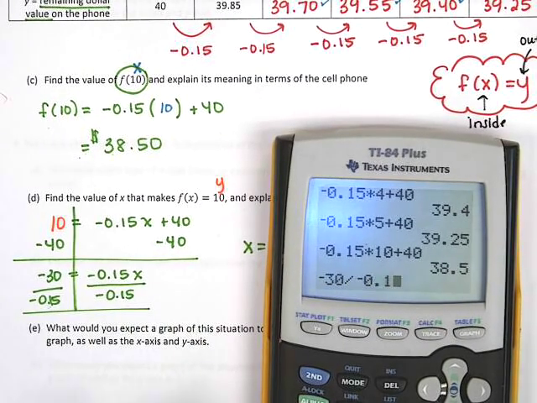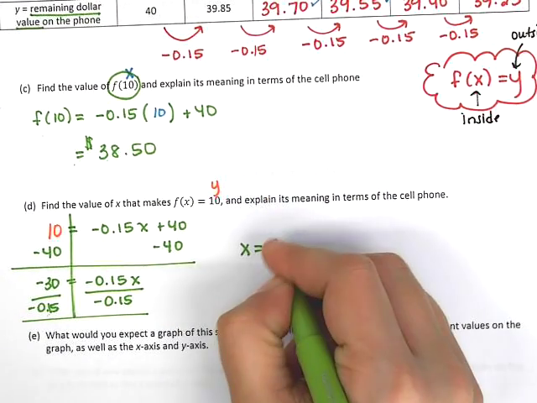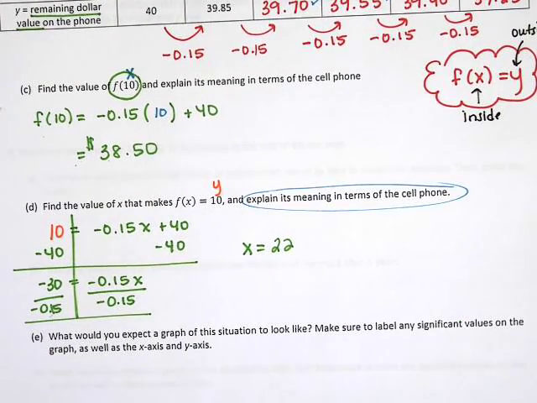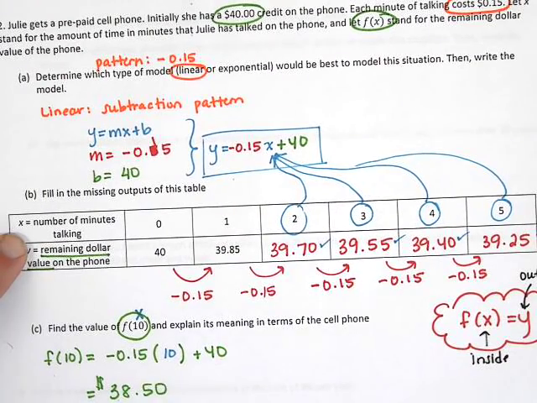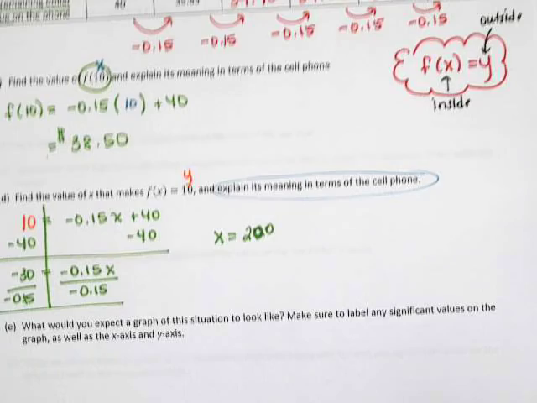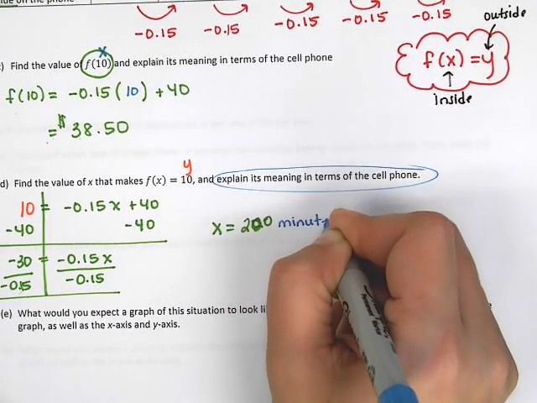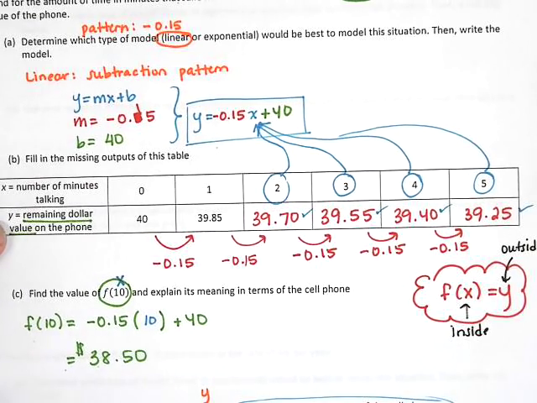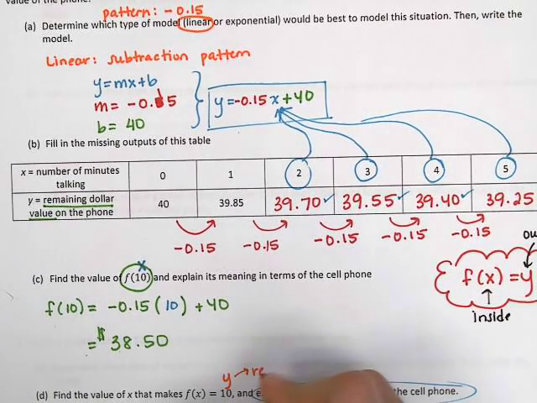Now, what does this mean if I have to explain its meaning in terms of the cell phone? Well, if I just figure out an x, I know from the table that x is the number of minutes I spent talking. So when x equals 200 minutes, there are y, which is $10 remaining on the phone. And I know that because this is a y value.